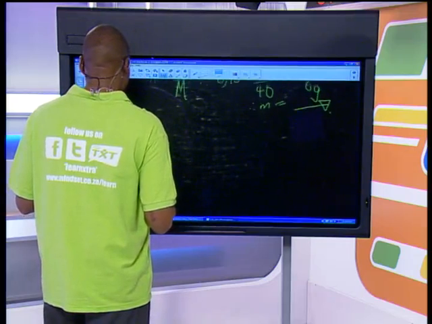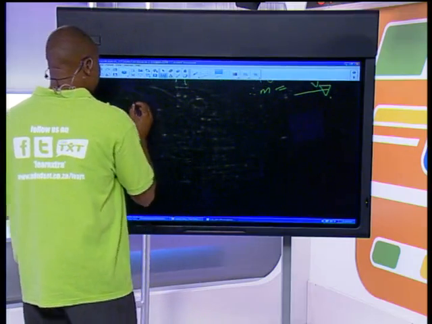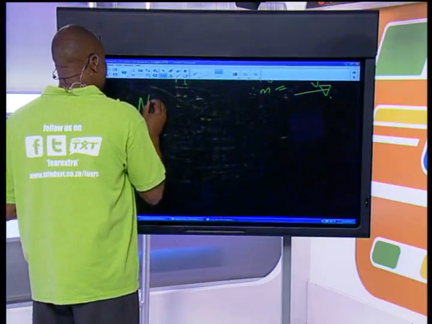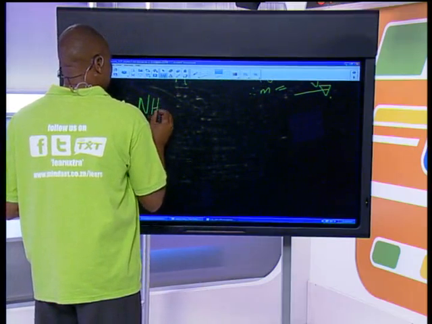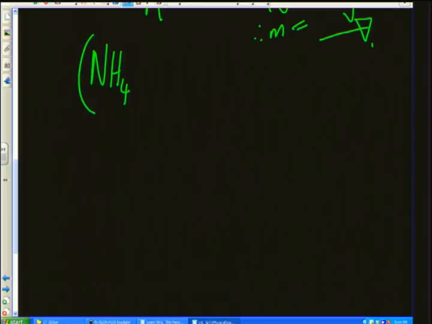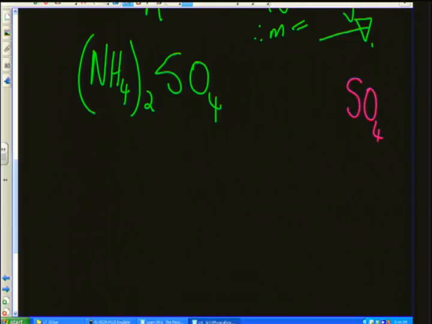Let me look at this one here. Say I've got ammonium sulfate, and the formula will be like that. And some people would be asking, but why is the formula like that? Look at that. You've got the SO4 2 minus there, and you've got the NH4 plus.